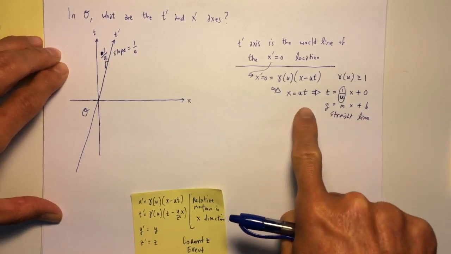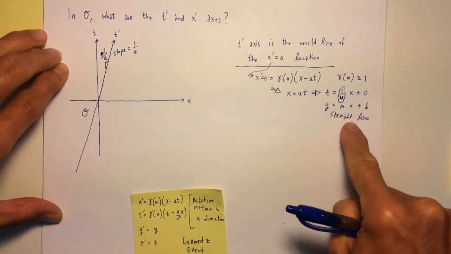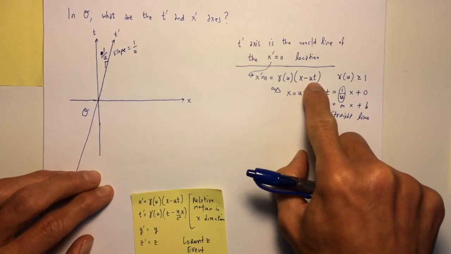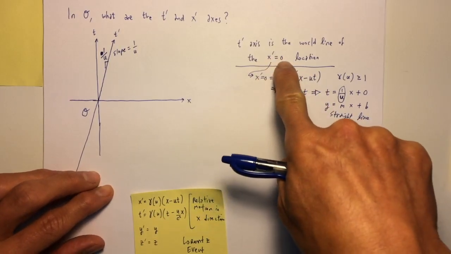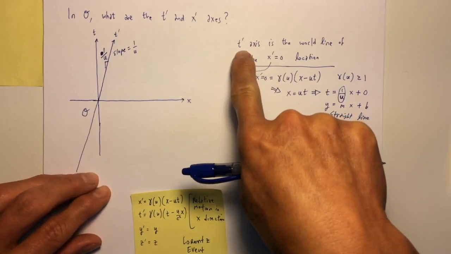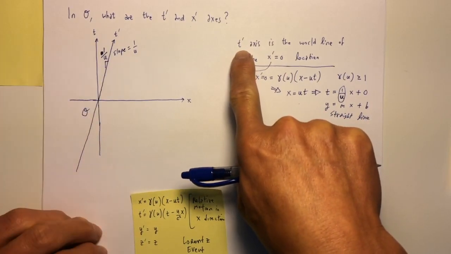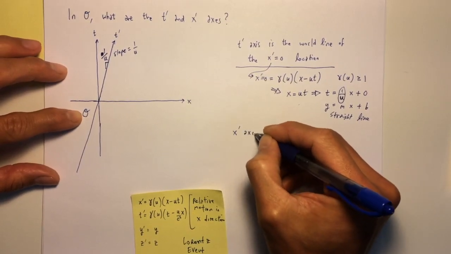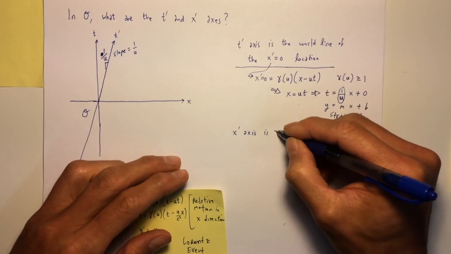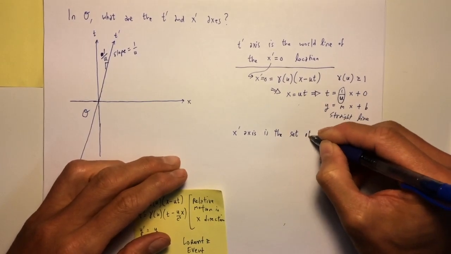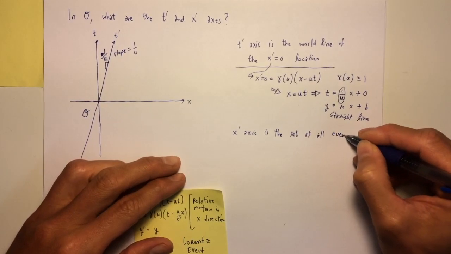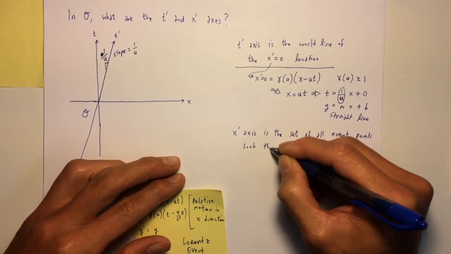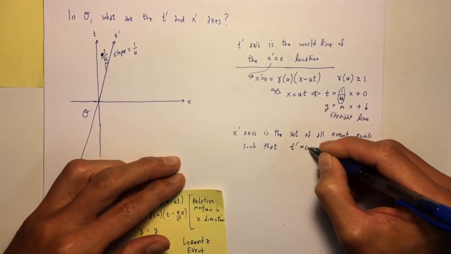So this is the equation of a straight line, and that straight line is the set of xt spacetime locations that mark the world line of x prime equals to 0, which is called the t prime axis. So there's the t prime axis inside of O. The x prime axis is the set of all events, event points, such that t prime equals to 0.